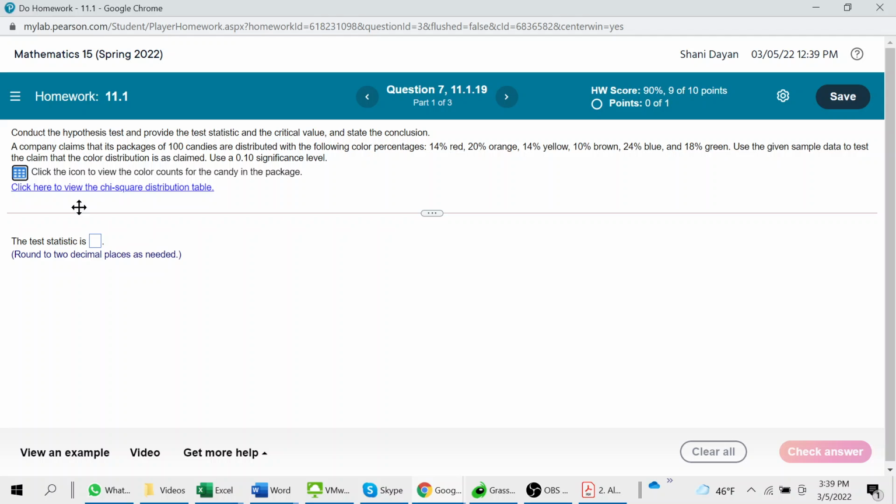And let's see if that's in order. Red, orange, yellow, green. Okay. So the expected values are 14, 20, 14, 10, 24, 18. That's all going to the expected values.